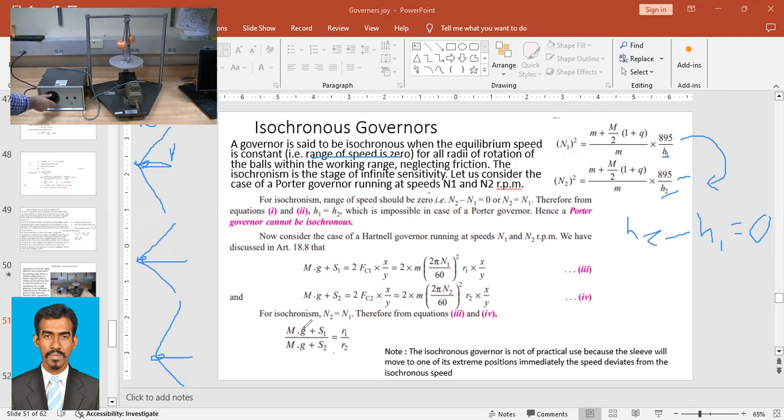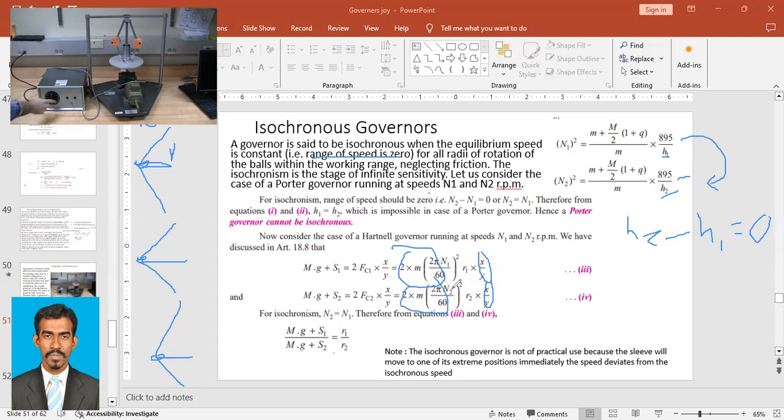What we will have is (mg plus S1) upon (mg plus S2) equal to r1 by r2. From these two equations, you can find y, because all the other terms are equal: m, 60, 2 pi. These are all equal. x upon y is also equal.